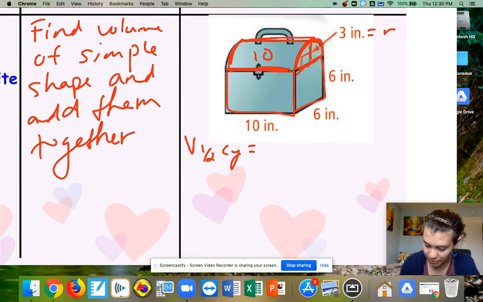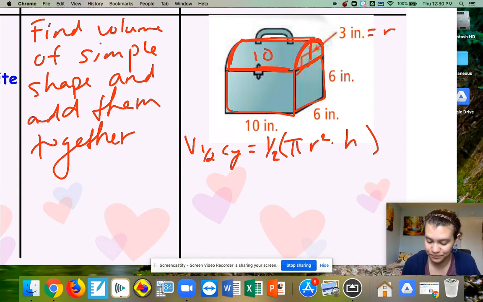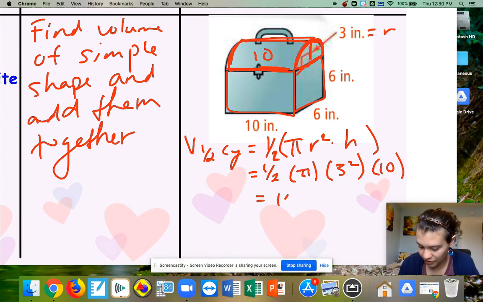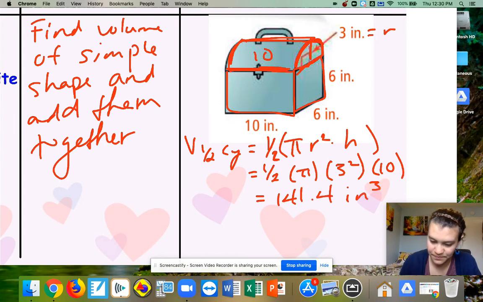Your standard formula is pi times r squared times the height, and I'm just going to take that and divide by 2. So you have a half times pi times 3 squared times 10. And that should give you a volume of 141.4 inches cubed.